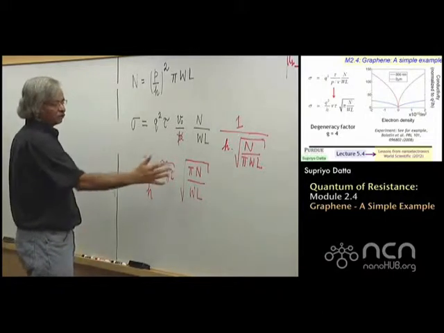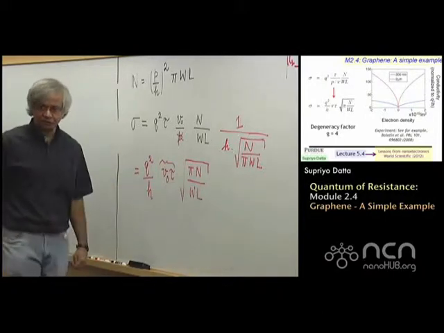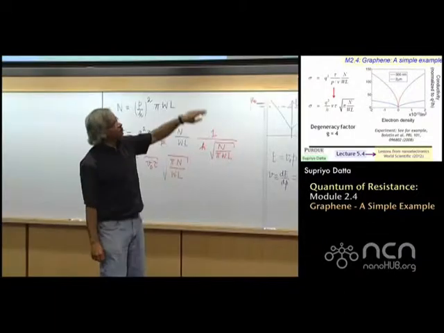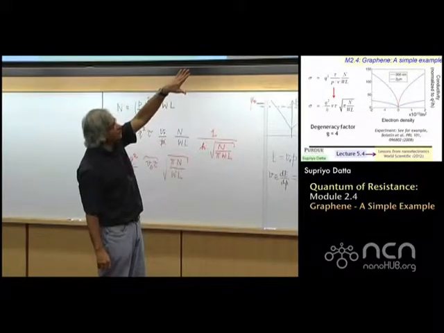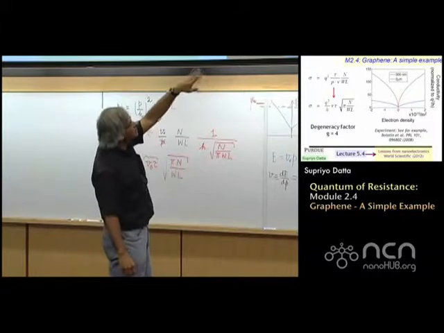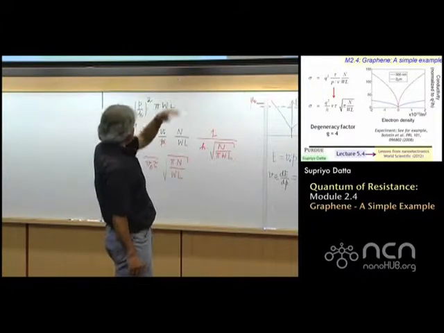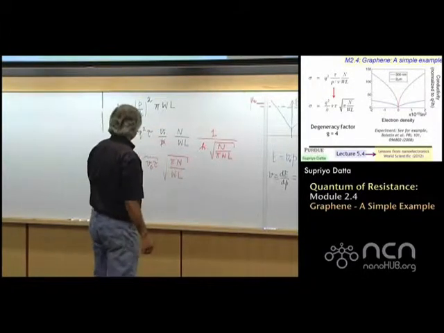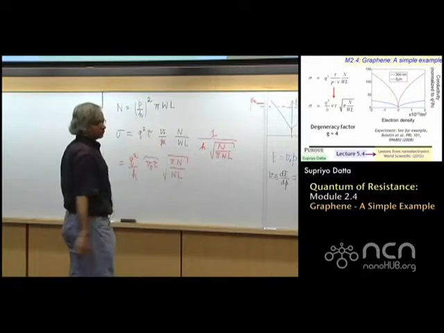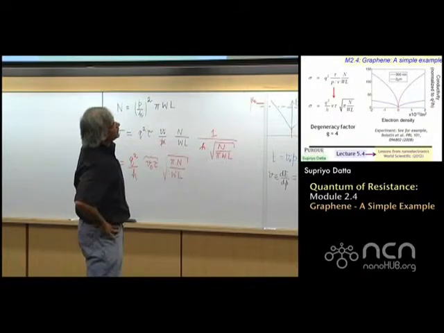It won't be proportional to N. You would actually expect it to be proportional to square root of N. And that's the plot you see up there. There are 2 plots, one corresponding to a particular choice of the mean free path, and the other corresponding to a different choice of the mean free path.